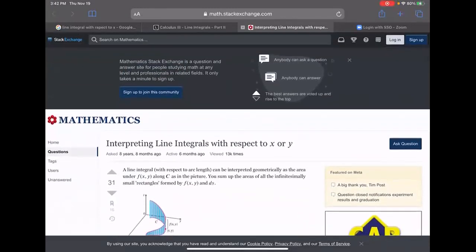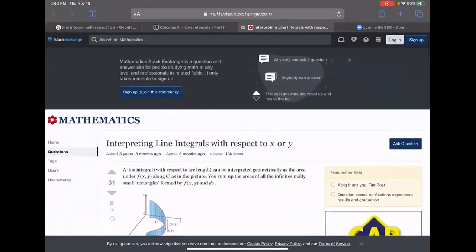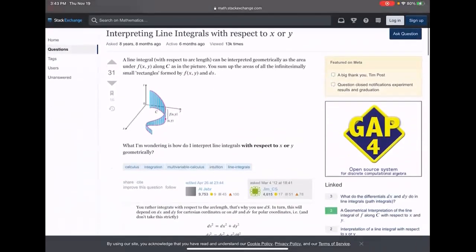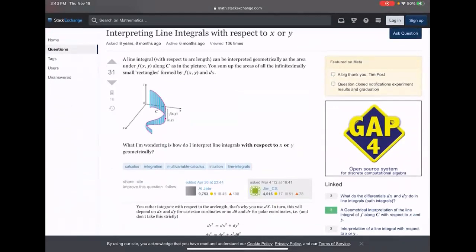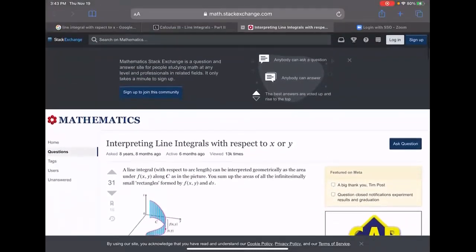For those of you who are going to go higher in math, you can see the URL at the top of the screen, math.stackexchange.com. This is the website you go to for advanced math help. I hope you're not using Chegg or whatnot on the tests, but if you ever need help, maybe you go on some website and ask a question.